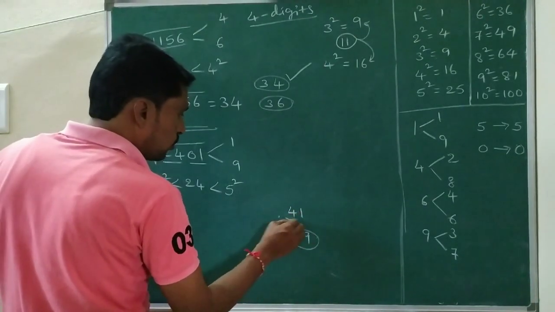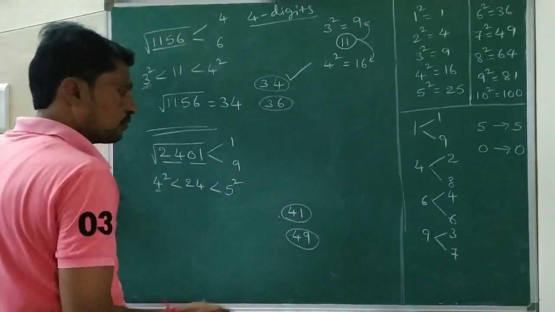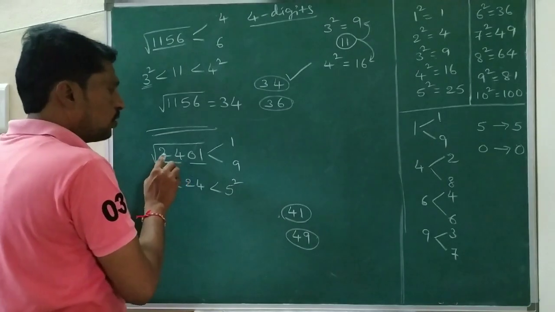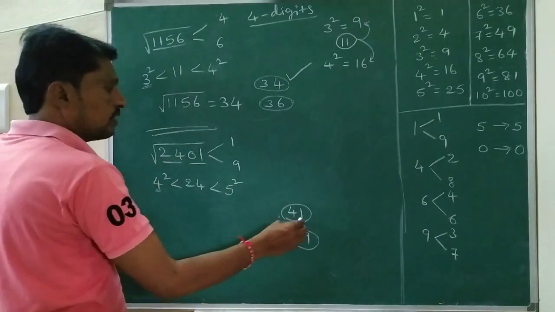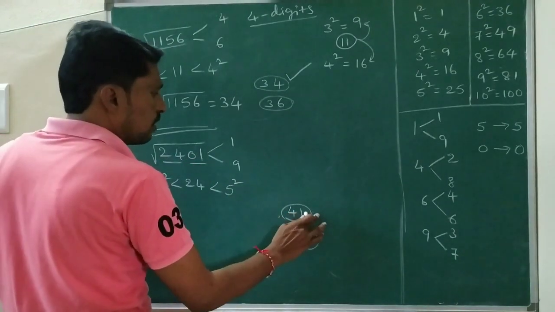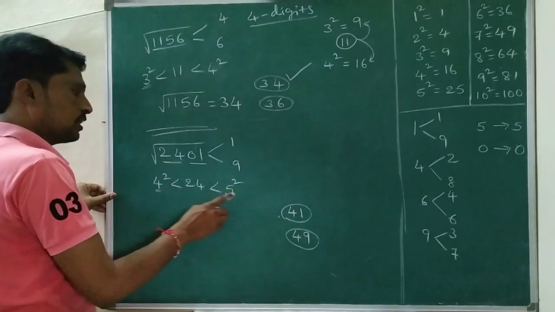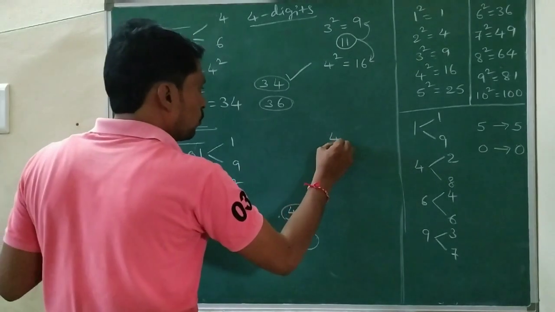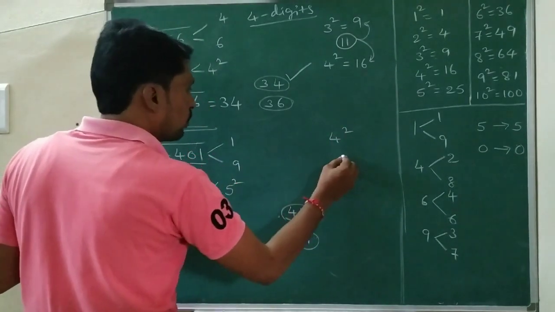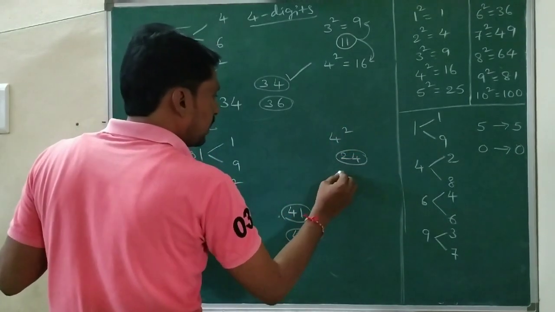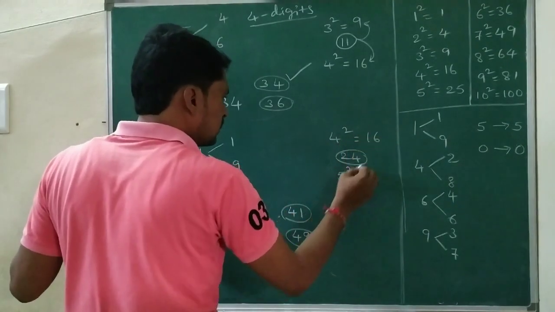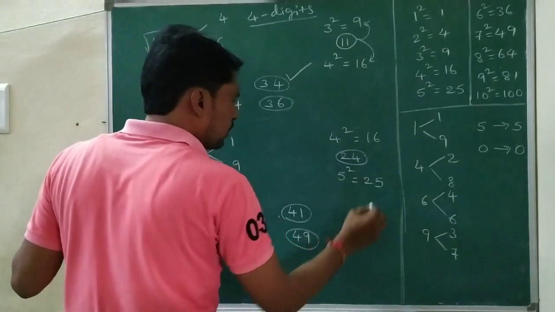So we have two possibilities: 41 and 49. The square root of 2401 is either 41 or 49. Now which one is correct? We take 4 square, 24 in the middle as usual, and 5 square. 4 square means 16, 5 square means 25.